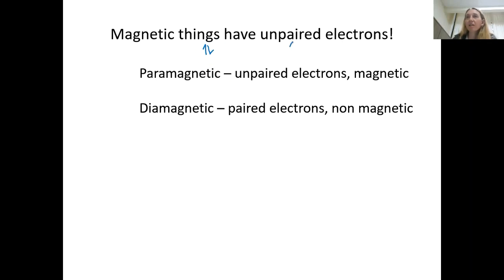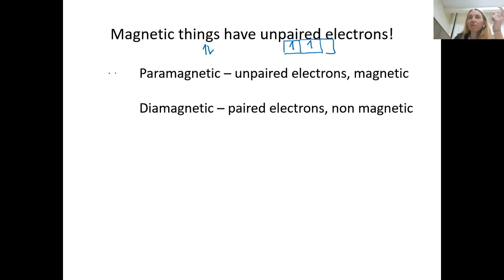Unpaired electrons mean I have electrons that don't have a pair in orbitals. And so magnetic things have unpaired electrons. Your refrigerator has unpaired electrons, and if I put something else up on it that has unpaired electrons, it's going to stick. So magnetic things have unpaired electrons.